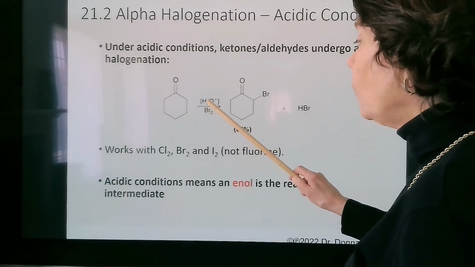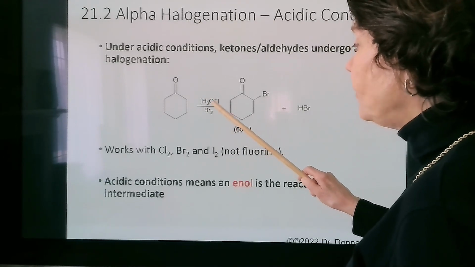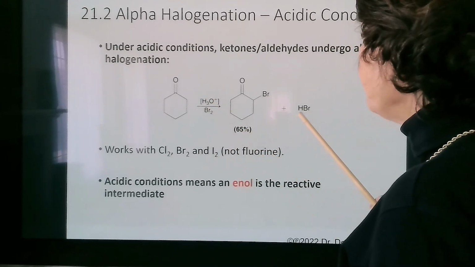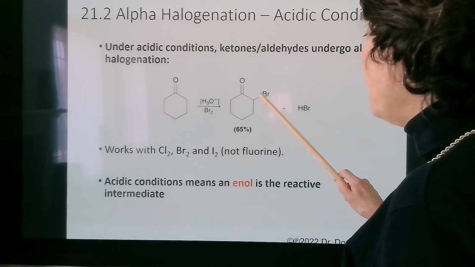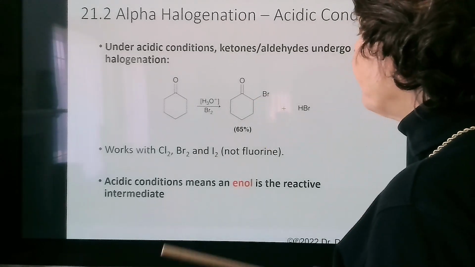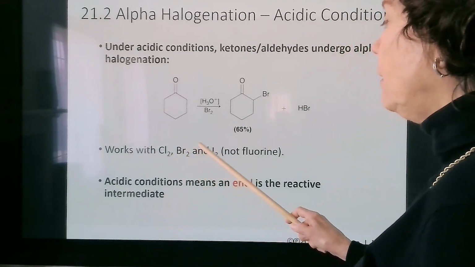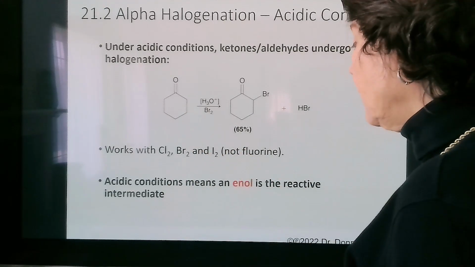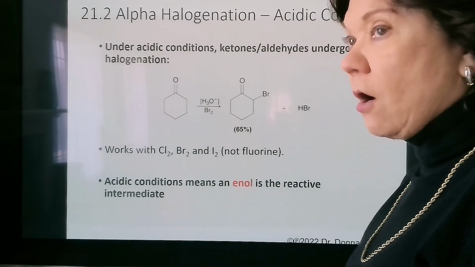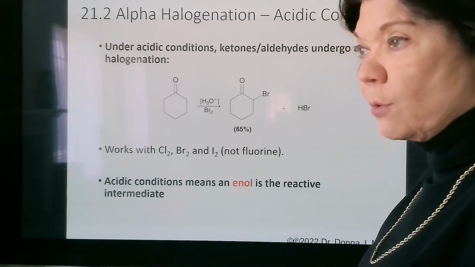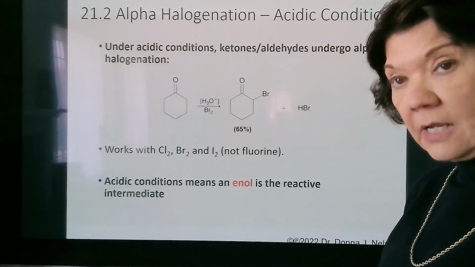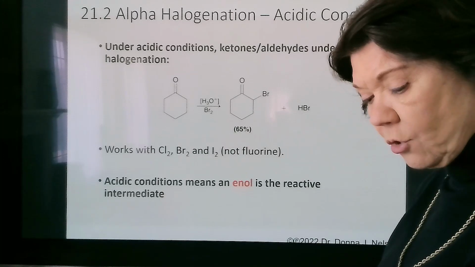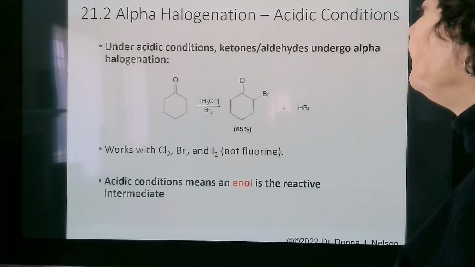So here we see acid and bromine, and you can get monobromination. This works with chlorine, bromine, and iodine. Since we're using acidic conditions, an enol is the reactive intermediate. You would not have an enolate reacting under acidic conditions.